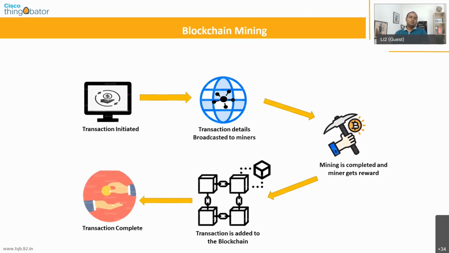All the miners who have received this transaction request compete with each other to see who solves the mathematical problem fastest and puts the block into the blockchain. The transactions are added into the block, the block gets added into the chain, and then it waits for a couple of confirmations, or a couple of nodes to get a copy, and the transaction gets completed.